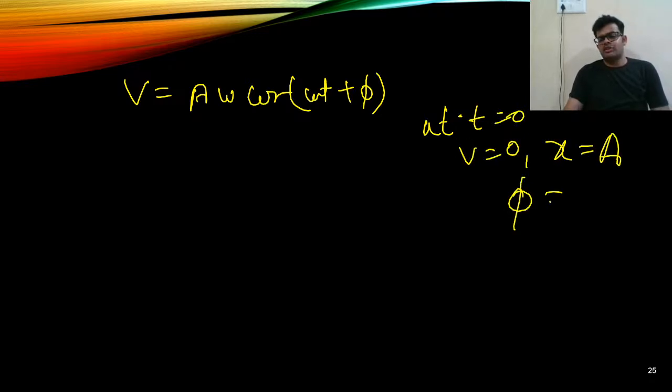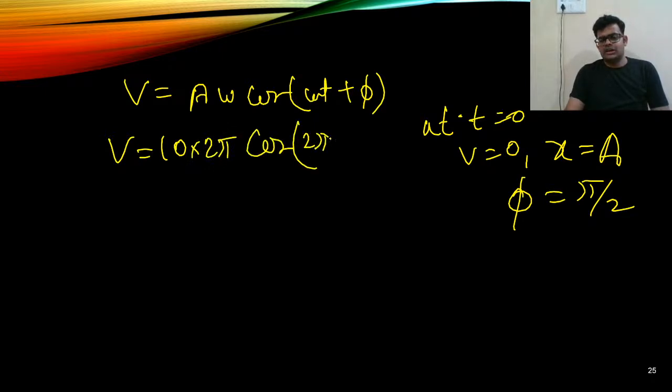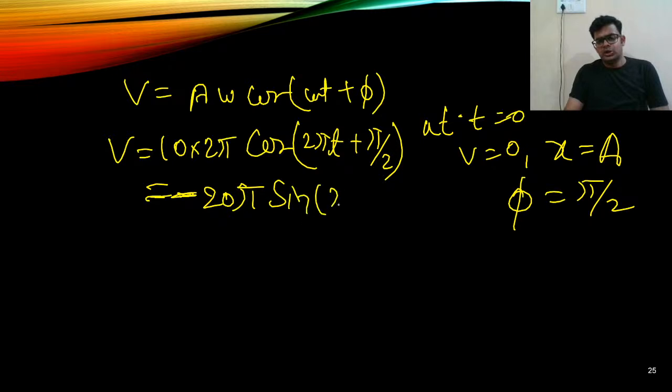Whenever x equals a, phi equals pi by 2. Remember this. So v equals 10 into 2 pi into cos of 2 pi t, and the value of phi is pi by 2. We are getting the same value. So cos of pi by 2 plus theta is minus sin theta. So minus 20 pi into sine 2 pi t.